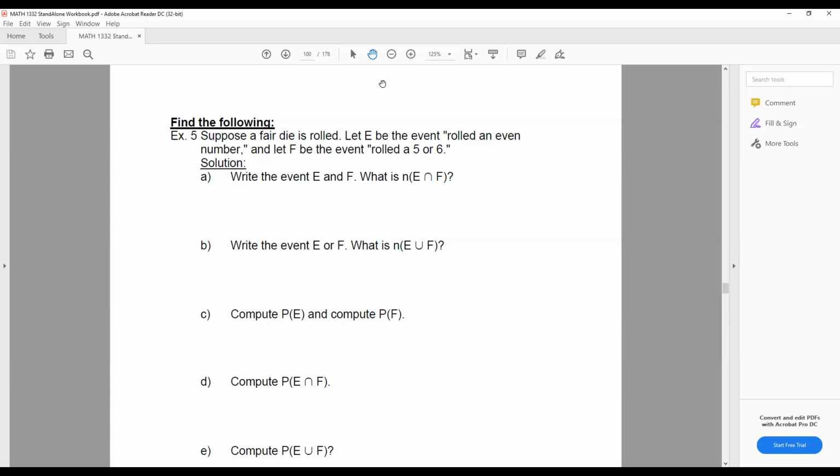Actually, let's write down the events. For E, for a 6, it's assumed, did they say 6-sided? They said a fair die, but then it said rolled a 5 or a 6. So let's assume it's a 6-sided die, not a D20. It didn't specify, so that's their fault.